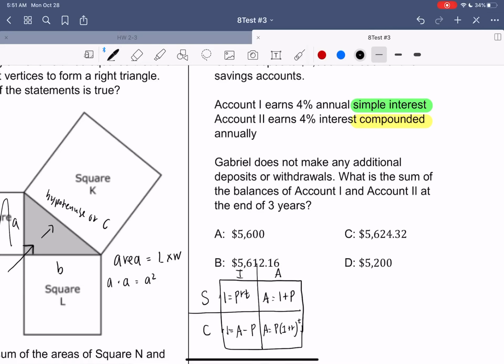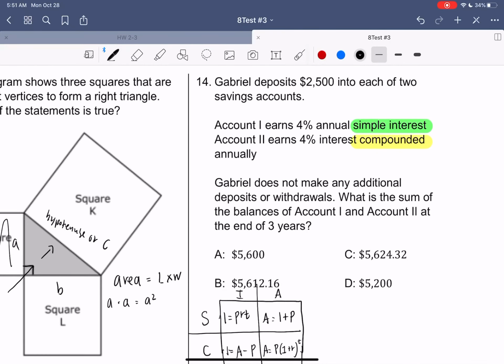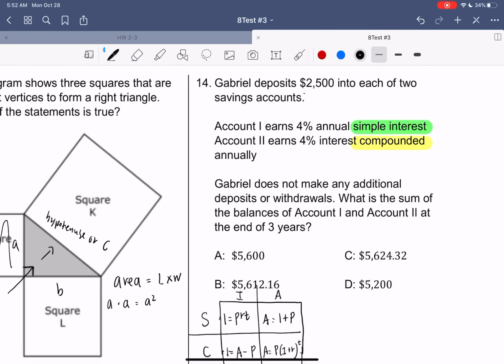Okay, Gabrielle does not make any additional deposits or withdrawals. What is the sum of the balances of account 1 and account 2 at the end of 3 years? All right, so we have I, P, R, T. Our principal equals 2,500.